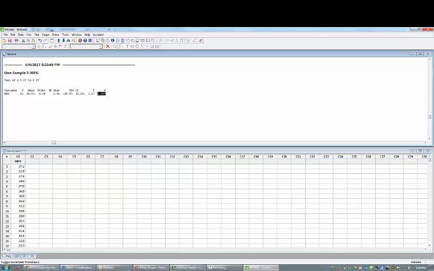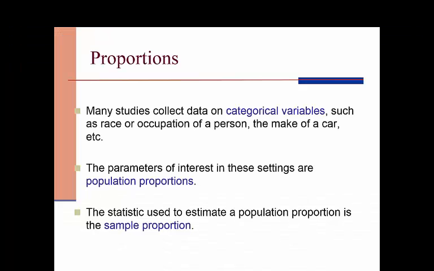Okay, let's move on. Now we move on to proportions. So all this time we've been talking about hypothesis tests on means, right? So all this time it has been of the form H0: mu equals mu 0 versus H1: mu not equal to mu 0, or mu greater than mu 0, or mu less than mu 0.